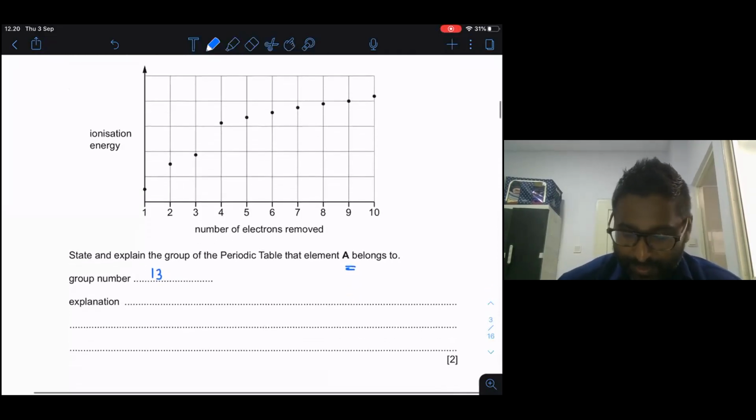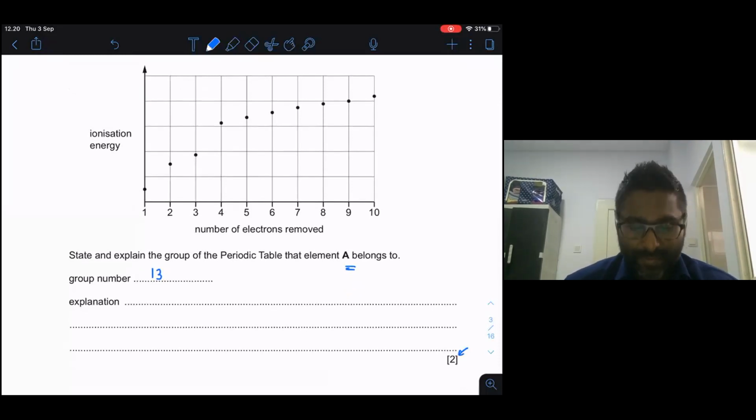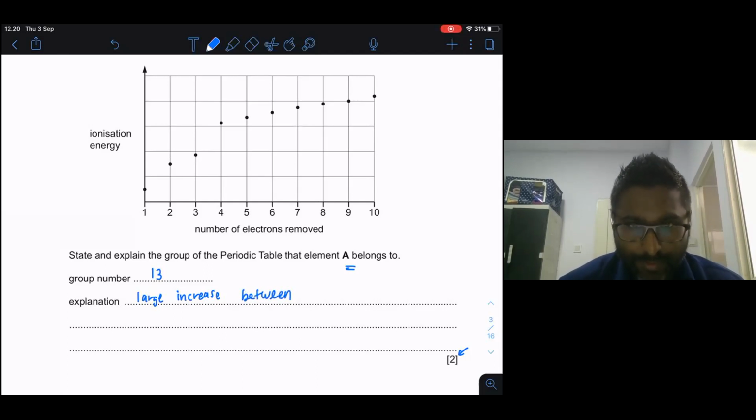The explanation is 2 marks here. You already get 1 mark, so what is the other 1 mark? The reason. A large change in ionization energy. Change or large increase? Large increase. Between what? From the 3rd electron removed and the 4th.